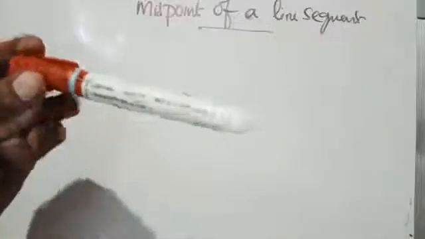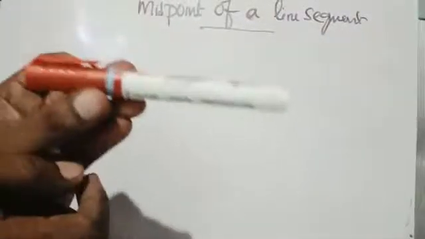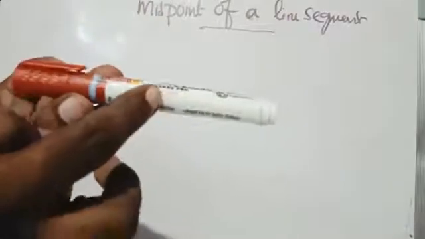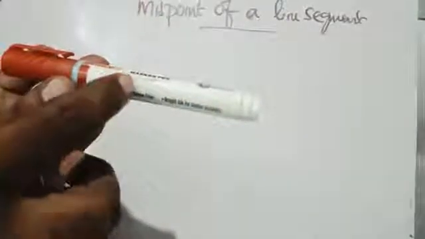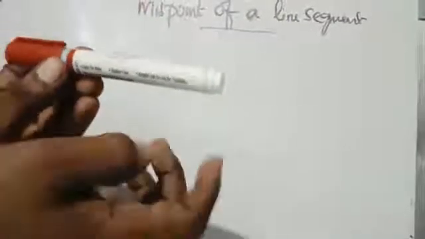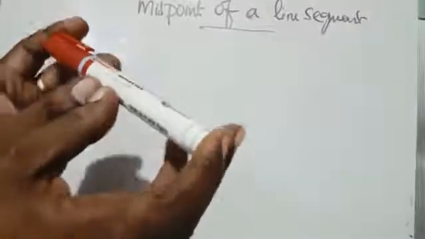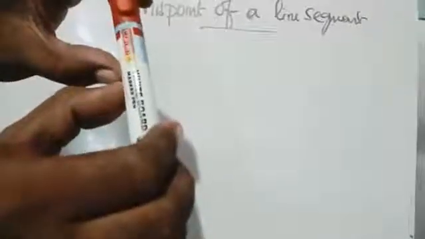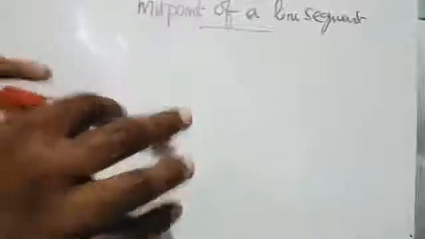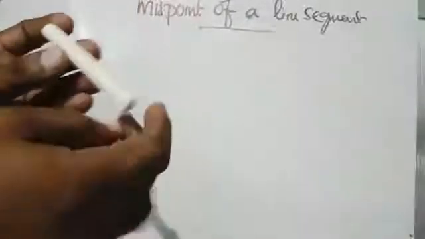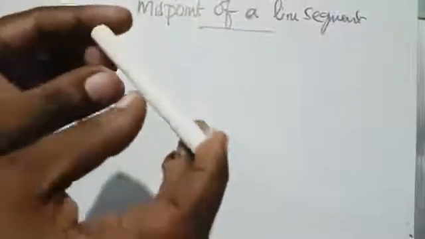In a similar way, we can find the middle point of this line segment, the middle point of this marker, or the midpoint of this marker. Suppose you want to divide this marker into two equal parts, or else suppose you want to break this chalk piece into two equal parts.